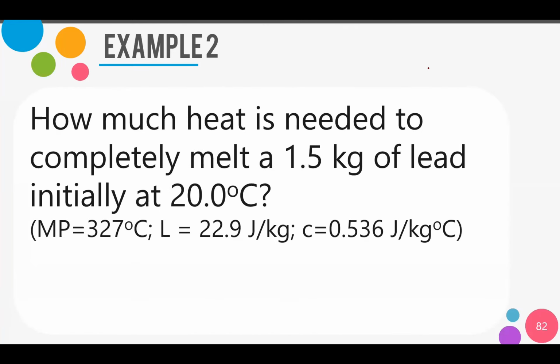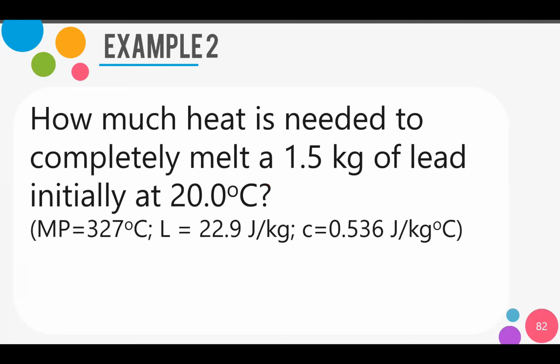So how much heat is needed to completely melt a 1.5 kilogram of lead initially at 20.0 degrees Celsius? So in this case, same kanina, nahanap natin is yung total heat needed. But this time, after the lead is being melted, hindi na nag-increase ang kanyang temperature from its melting point temperature. So kanina, since nag-increase pang kanyang temperature from its melting point, so that's why tatlo yung heat na ating solve.